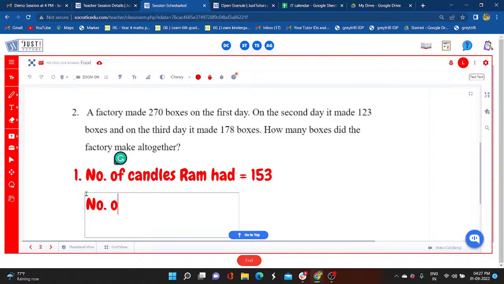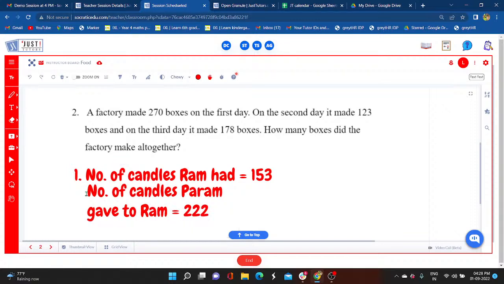Number of candles Param gave Ram, or to Ram. 222.